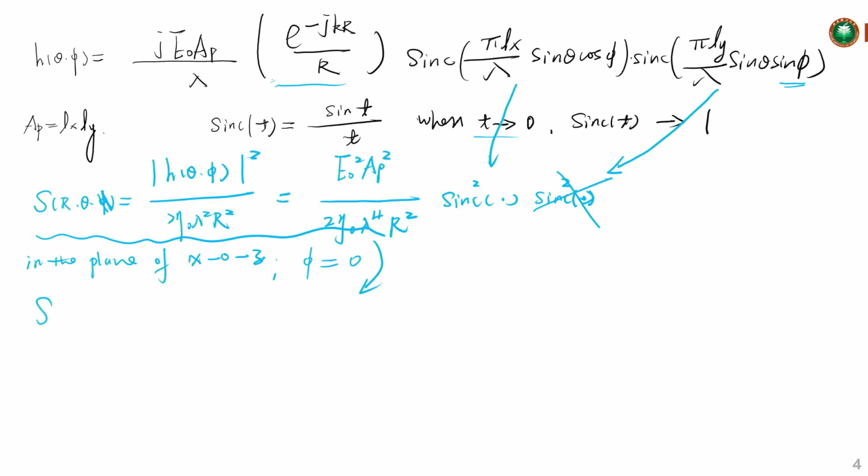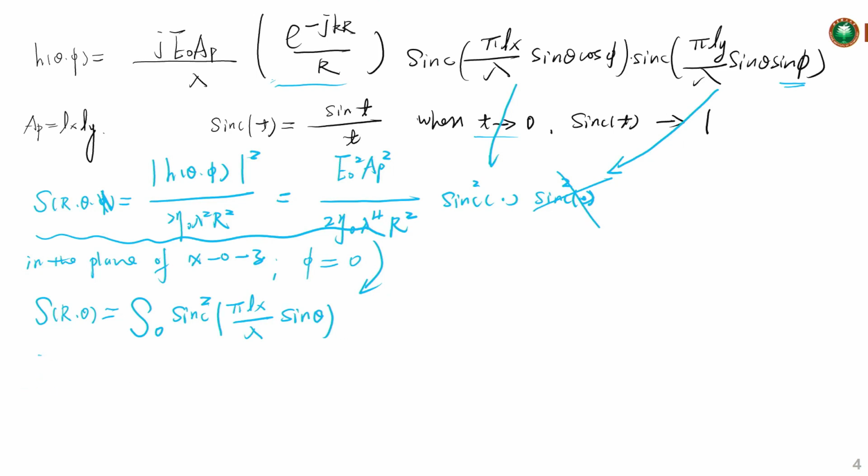And now the power density can be expressed as the maximum magnitude times sinc square of pi Lx over lambda sin theta cosine phi, because phi is 0, cosine phi equals 1.